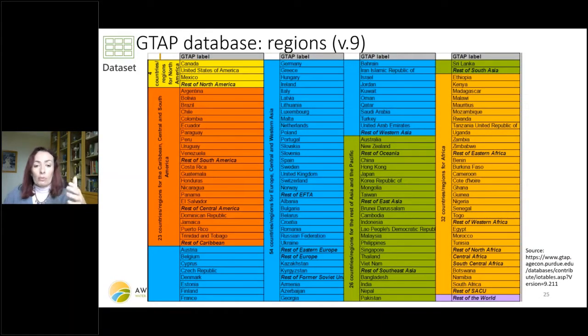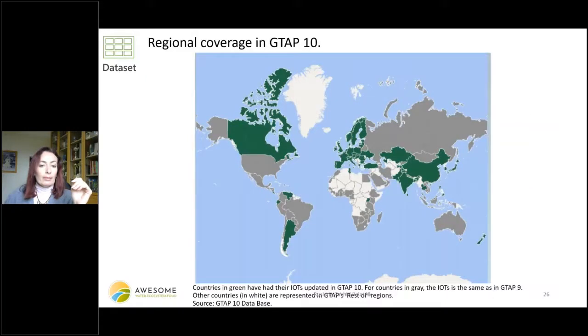Now, in the global model, the data we saw in the previous slide is provided for all the regions in the world according to this disaggregation. In the GTAP 9 version, we have 123 regions. In this map, you can see the regions for which the data is available.